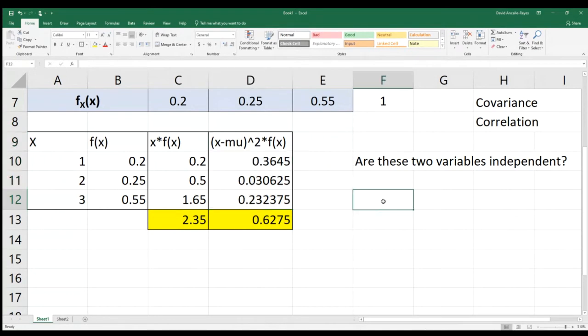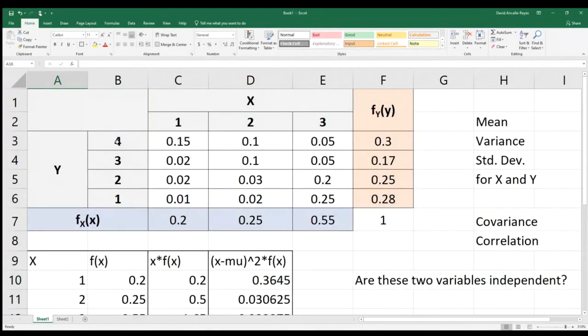That's the procedure that I like to use, just tabulating it and then calculating it. The reason I like to do this is because I can now repeat the procedure for my y values. So I can write down my y variable and my marginal probability of y.